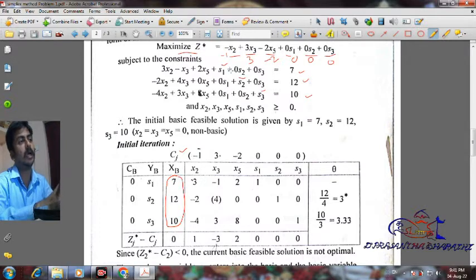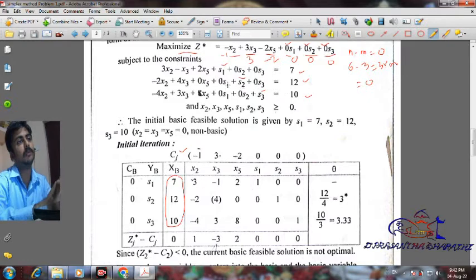And the coefficients of s1, s2 and s3, what are these three? These three are basic variables. These three basic variables can be found by setting the number of variables minus the number of equations equal to 0. Here the number of variables is 6 and the number of constraints is 3, so we have to make three variables equal to 0.